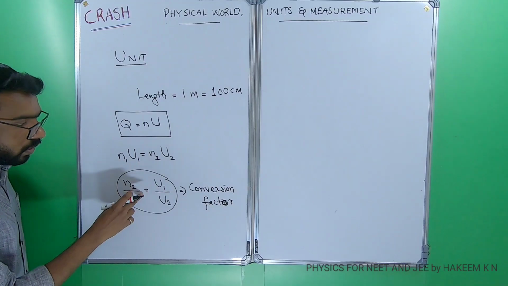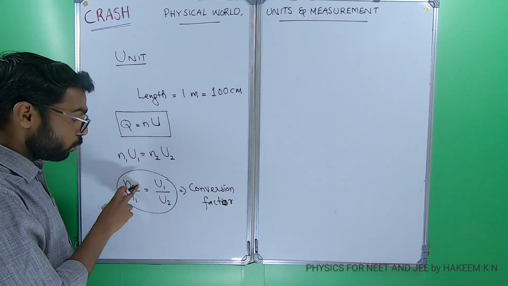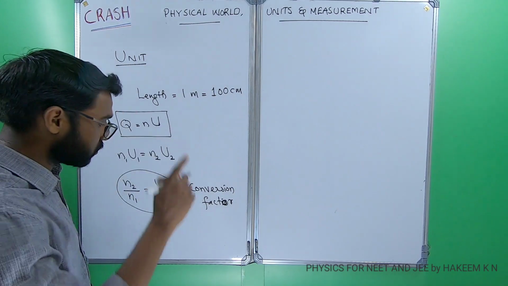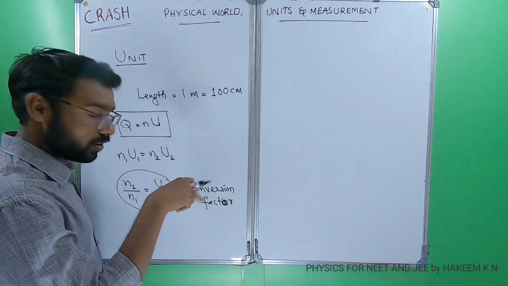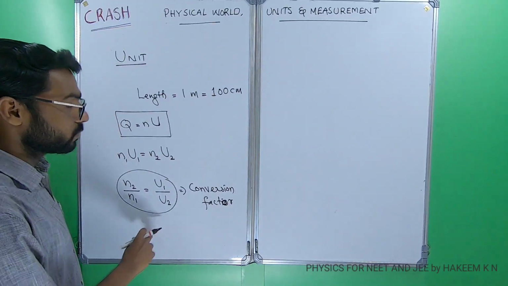When we are converting, n2 is the numerical value in the second system, n1 is the numerical value in the first system, u1 is the unit in the first system, and u2 is the unit in the second system.